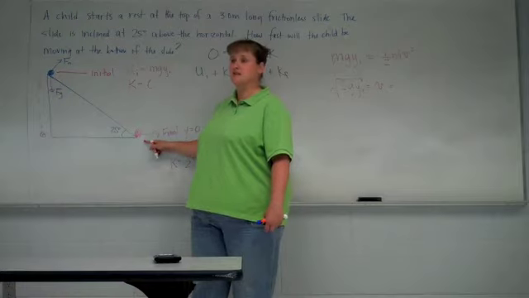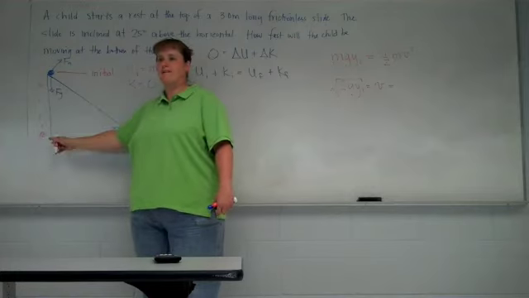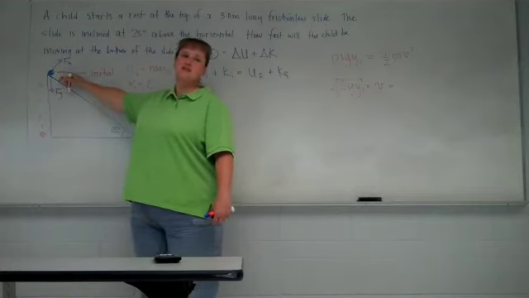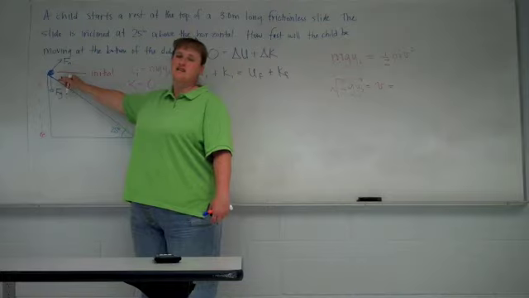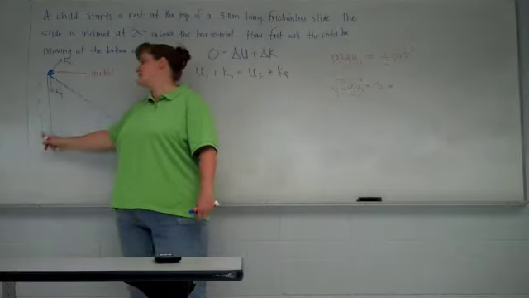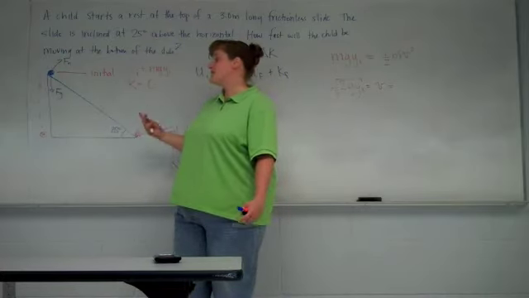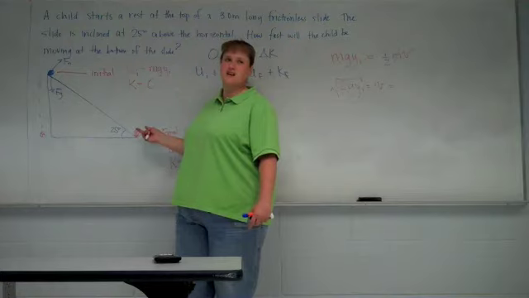Doesn't matter how he gets there, because he has the same initial height. So the amount of potential energy he has is the same because he's at the same height. The amount of kinetic energy he has at the bottom is going to be the same as well. The difference will be the direction of his velocity vector.